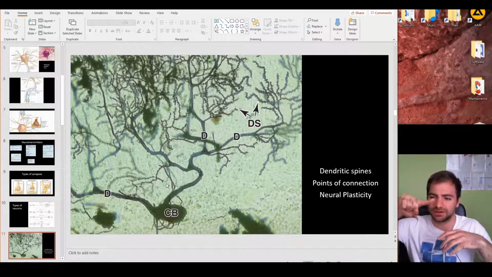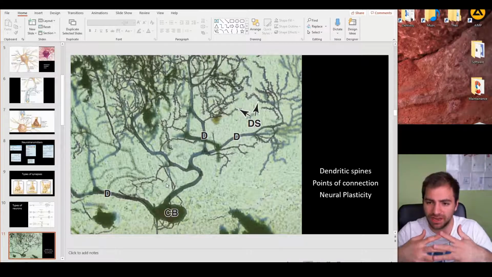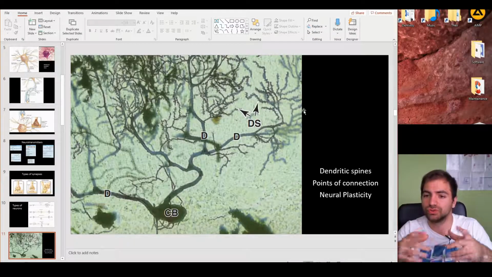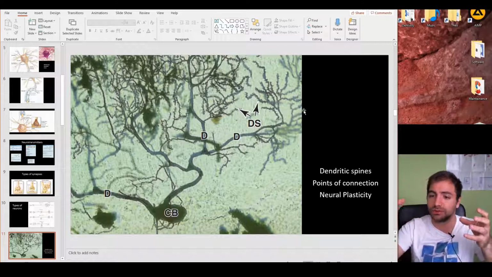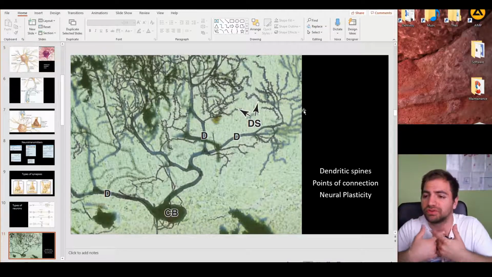Again, the dendritic spines are the endings, these bulgings in the dendritic areas. All of these dendritic spines allow other neurons to grab on. So the axon of many neurons can grab back on to this dendritic spine to create a point of connection.